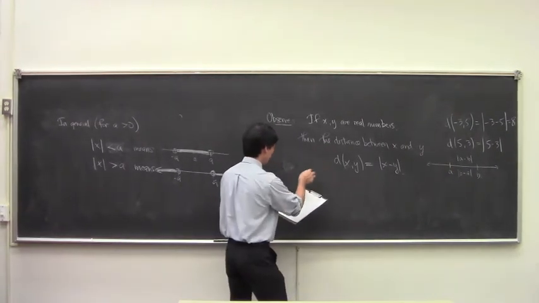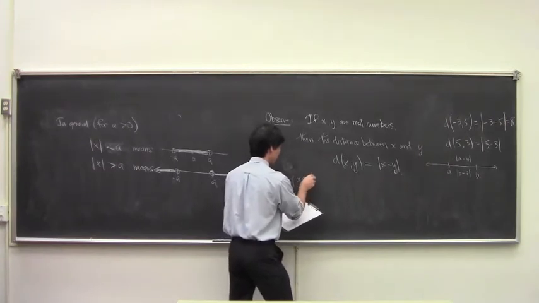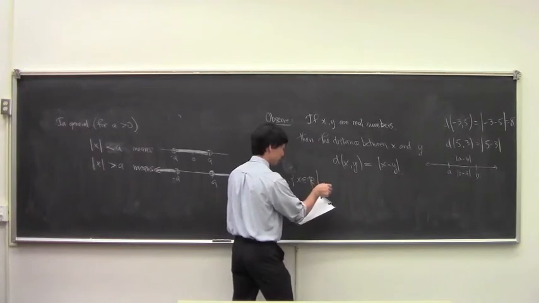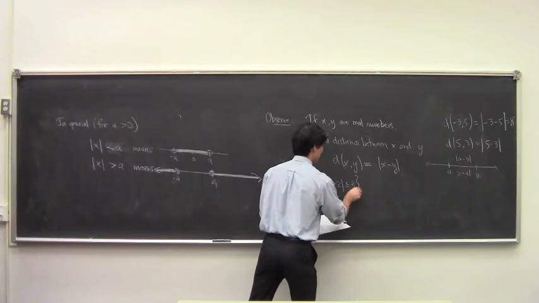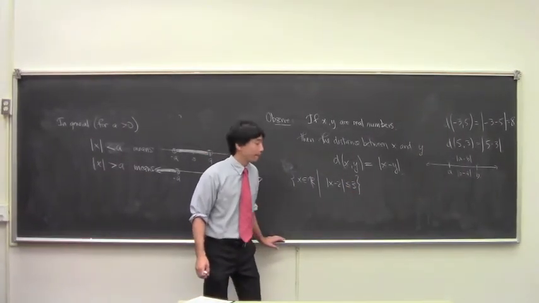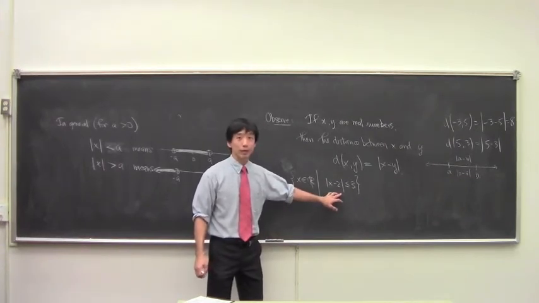So if we go back to our first example, we had something like this. The set of real numbers x such that the absolute value of x minus 2 is less than or equal to 3. Which Ruchika figured out for us.